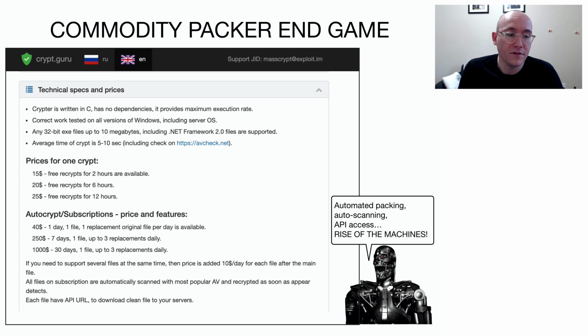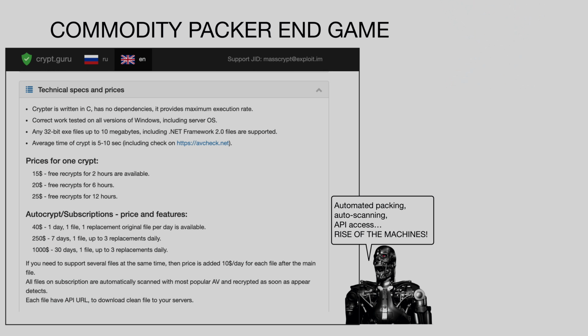So in a single day, you'll see upwards of 100 different packed samples from Emotet. When you unpack them, they're all the same payload. So they have this sort of polymorphic style automated crypter service that they're running. It's not this one that I'm talking about, but it's a custom one that they run, but it's the same idea. So that's why you're seeing this sort of proliferation of samples, but when you unpack them, you see that they're all the actual same payload.